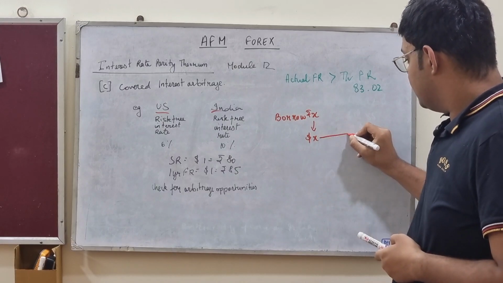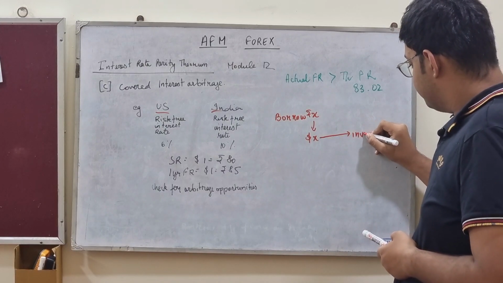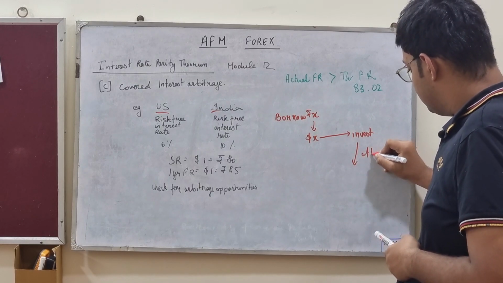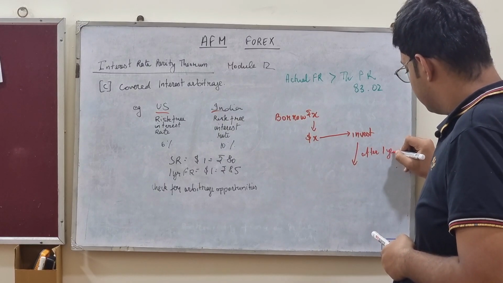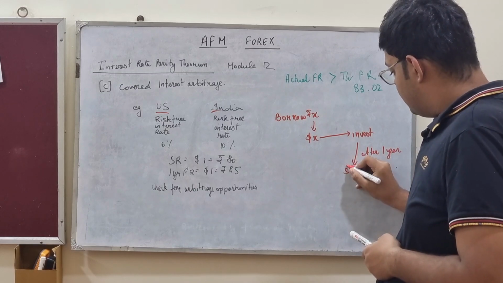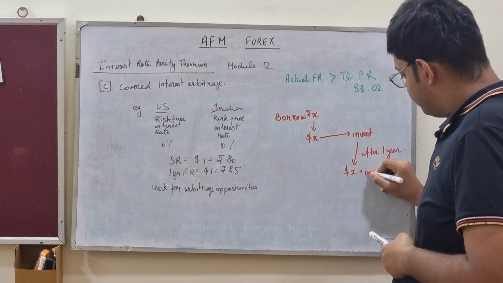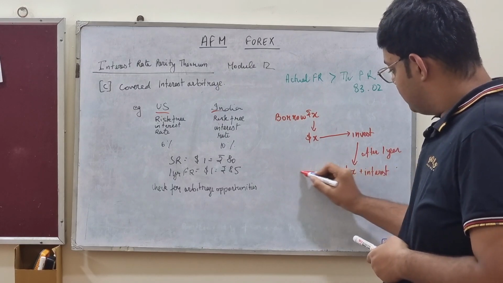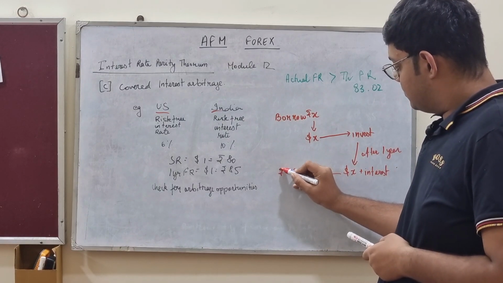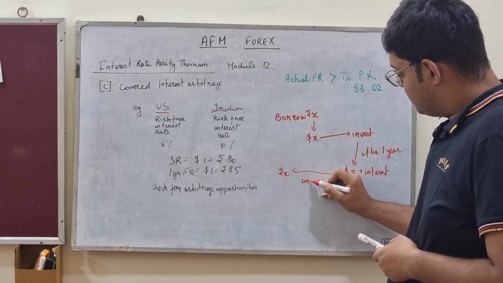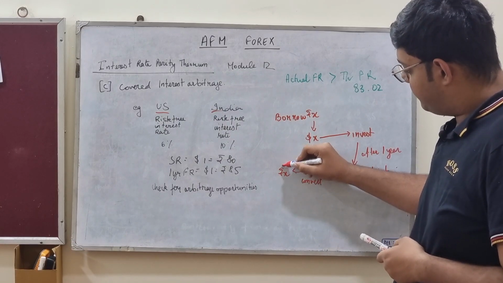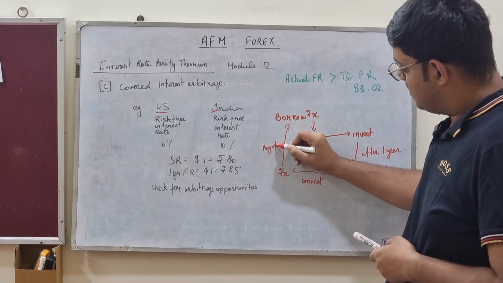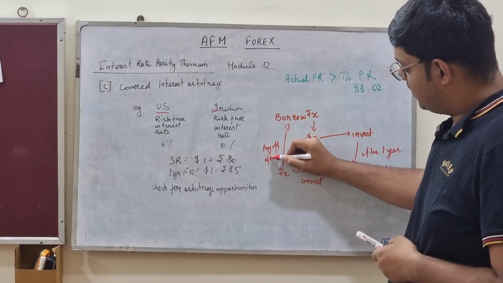Then we invest these dollars. After 1 year, we get dollar X plus interest. We convert this to rupees and pay off the borrowing after a year.